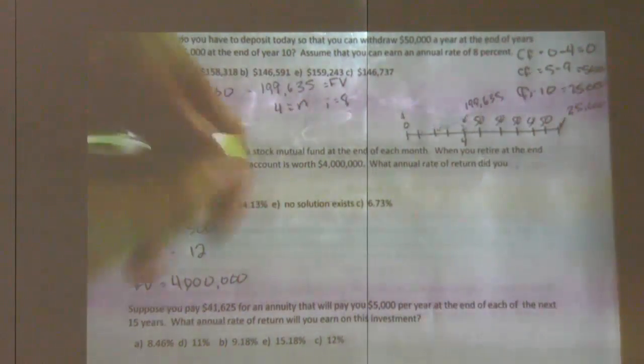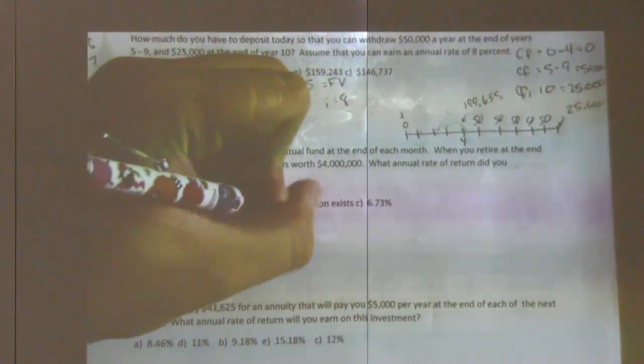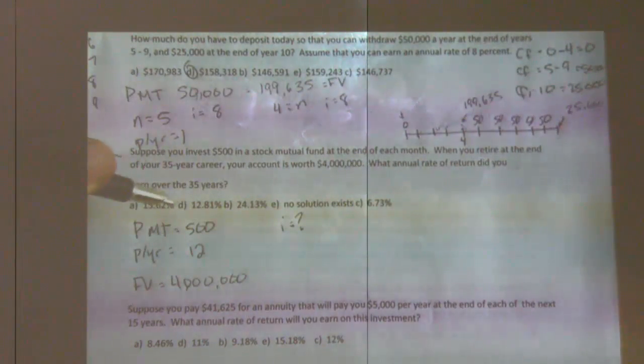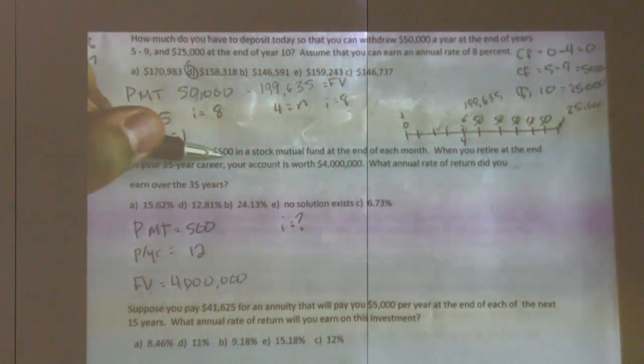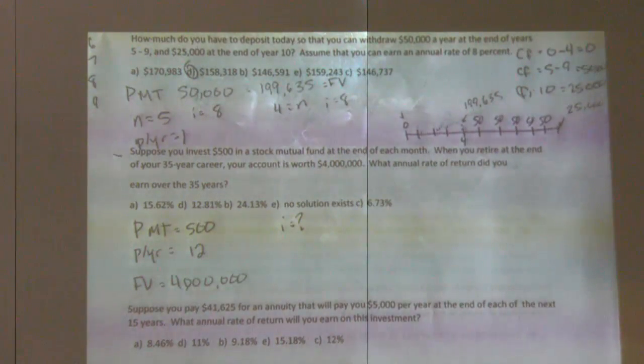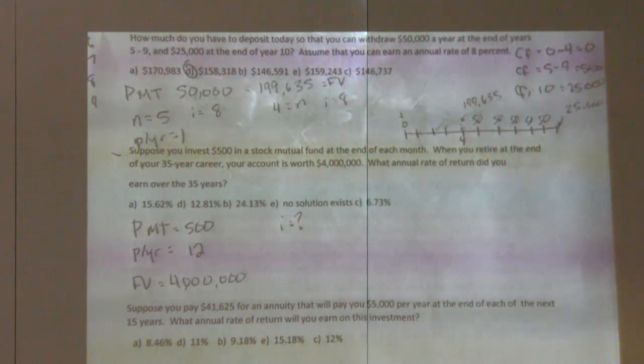So here, you're solving for I. N is going to be 35 years times 12 periods per year, and you should get 420 months over that 35-year period.